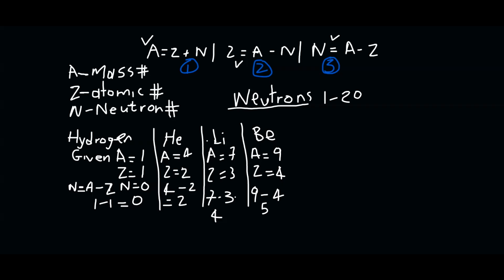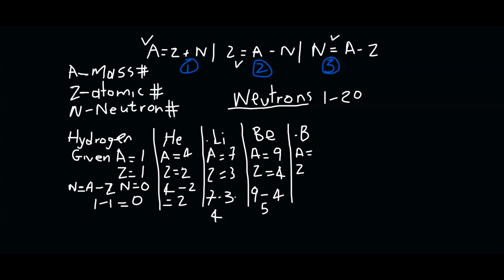And then after Be, what comes after Be again? What's the 5th? Boron. Which should be 5. So what is the mass number? 10.